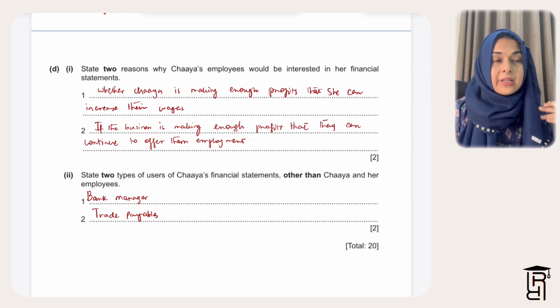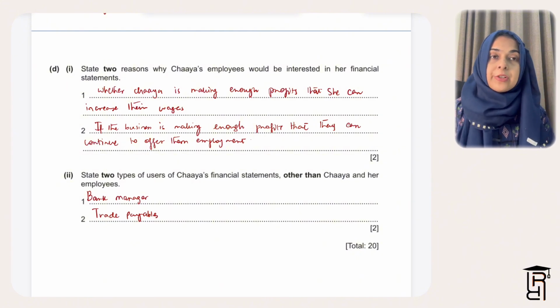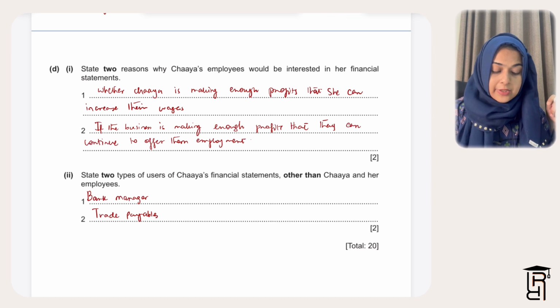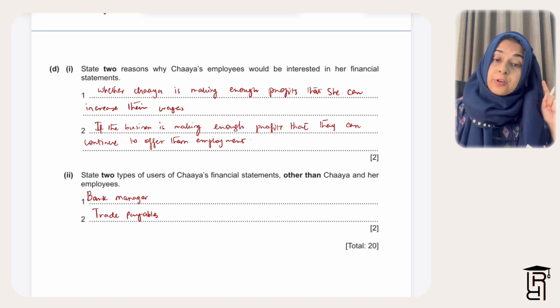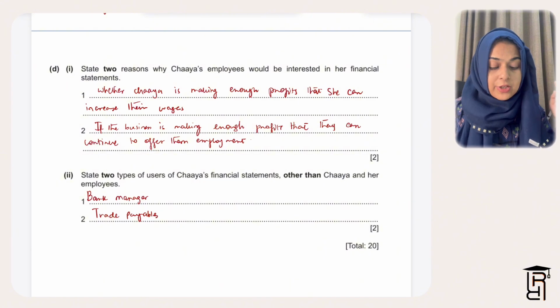So the employees would want an increment in their salaries. That is why they would be interested in the financial statements of Chaya's business. Another point here is if the business is making enough profit that they can continue to offer them employment. So for job security also, the employees would be interested in Chaya's financial statements.